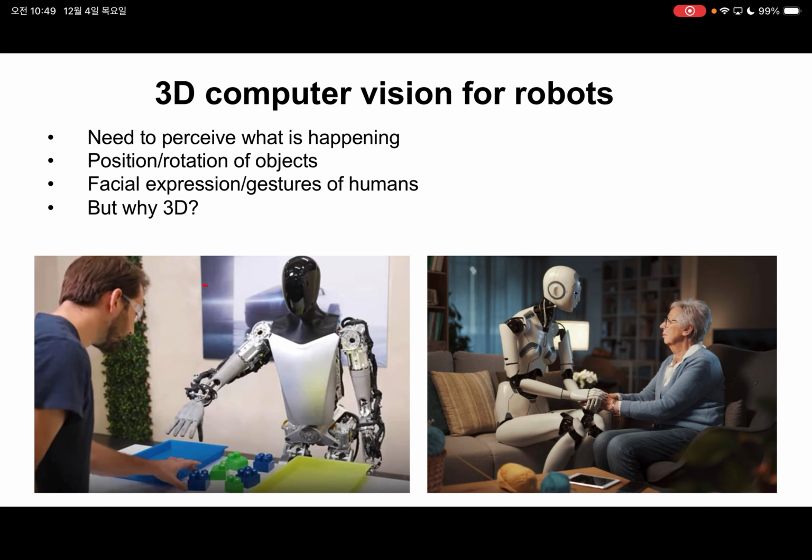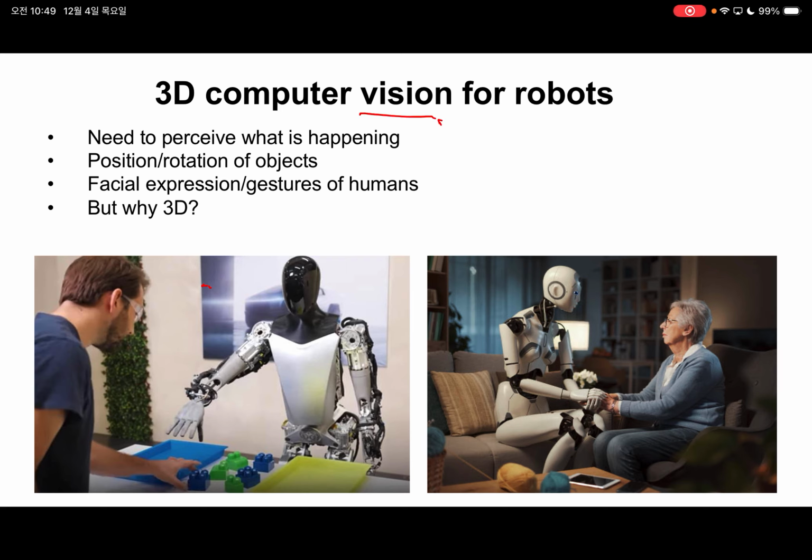In this picture, the robot needs to perceive and recognize the position and rotation of an object. Where is the object and what is its rotation? And when interacting with humans, it needs to perceive facial expression, gesture, or location of the human. We need to perceive all these things with vision algorithms.